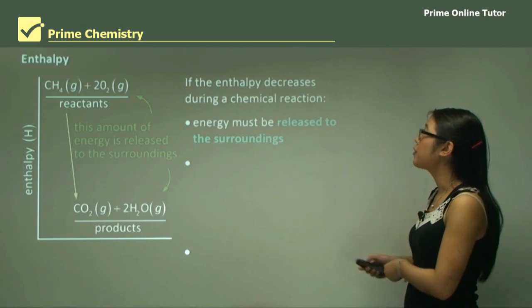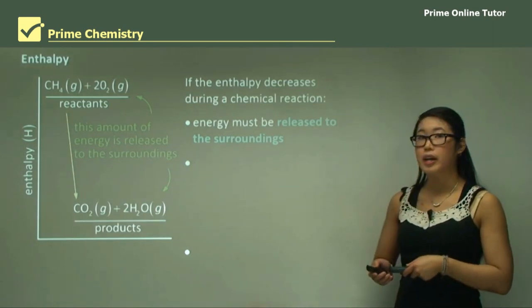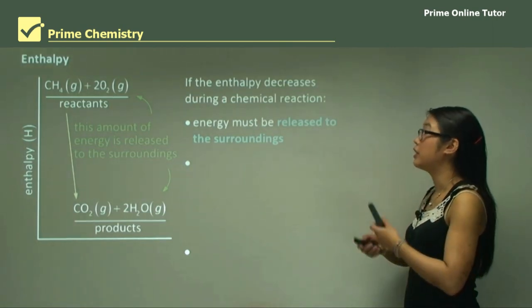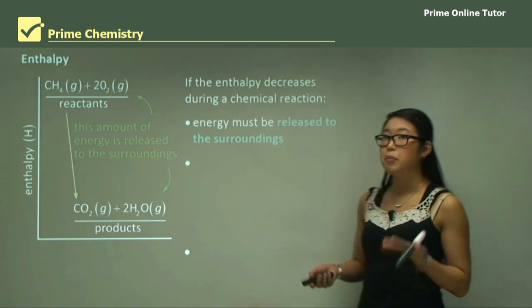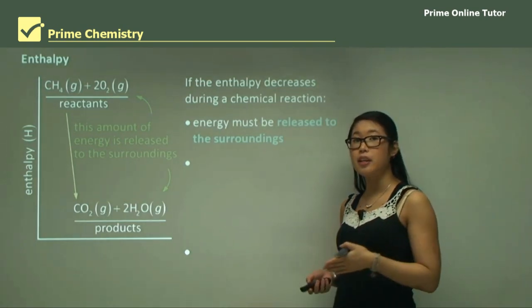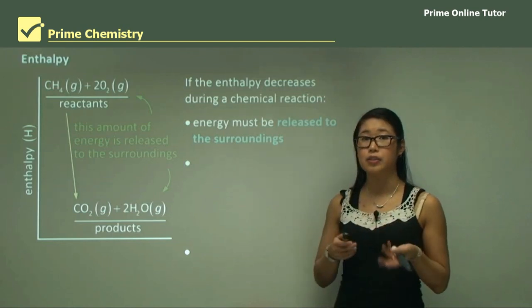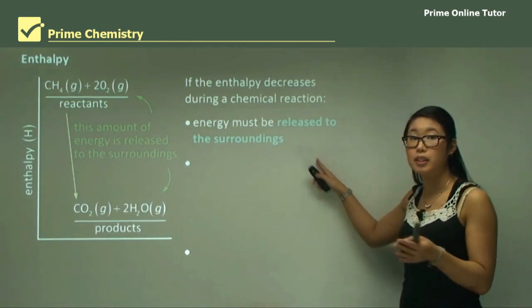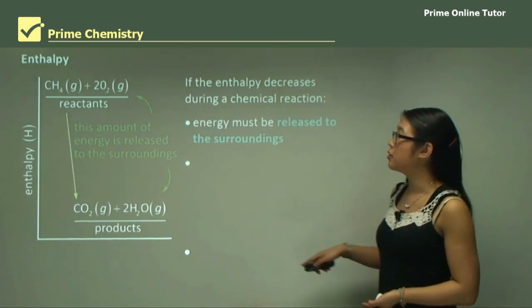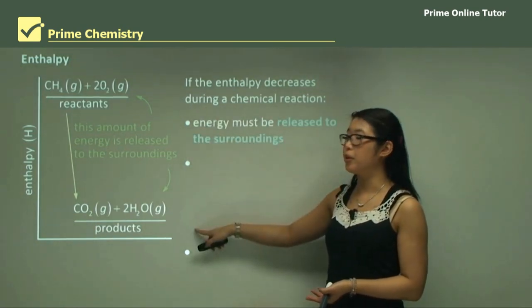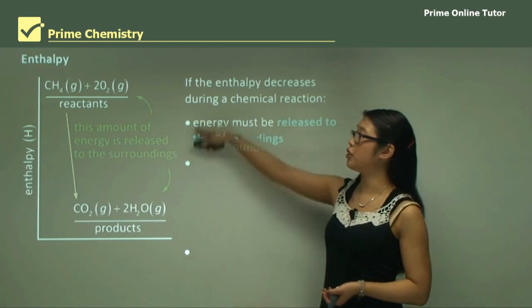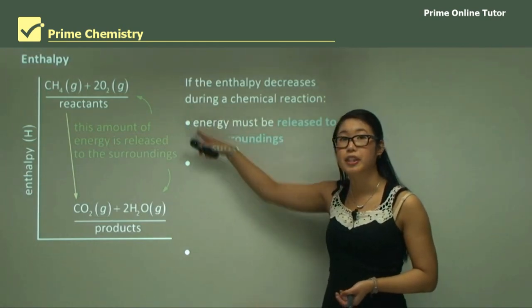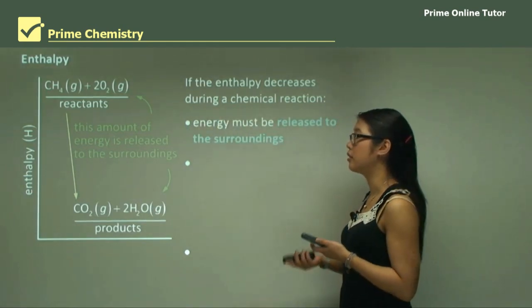So if the enthalpy decreases during a chemical reaction, the energy must be released to the surroundings. Remember, when we said delta H was negative, it means it's an exothermic reaction. Exothermic means energy is being released into the surroundings, usually as heat. So we have reactants and the products are less. This change is the amount of energy that's released into the surroundings.